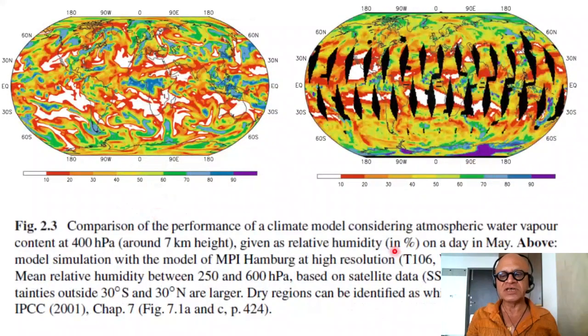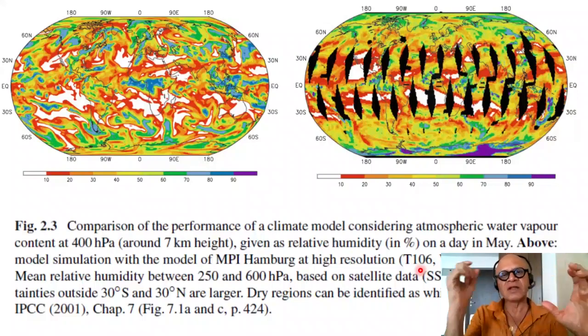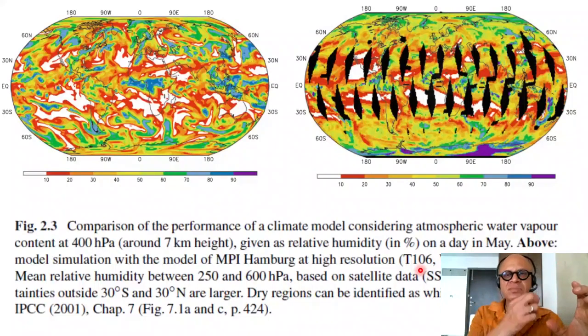So T106 is representative of that, which can be converted into a resolution as well. So when you see numbers like T106 or T387, 1500 something, it just means that more and more waves are being allowed to exist, which means smaller and smaller scales of the waves are being captured.